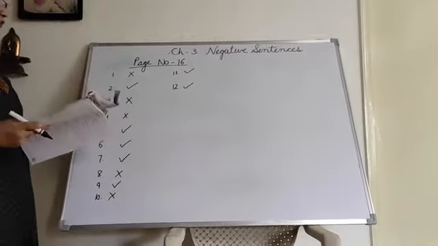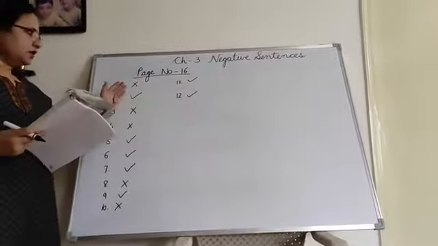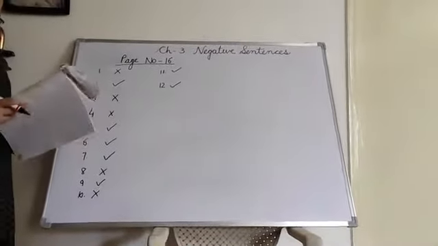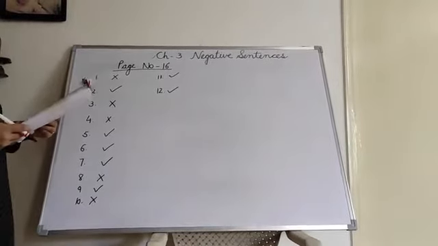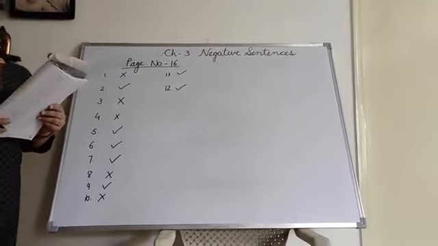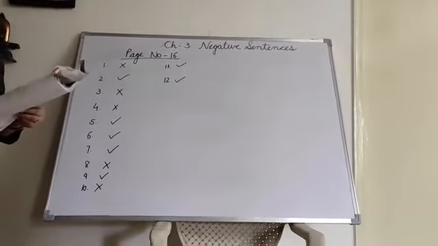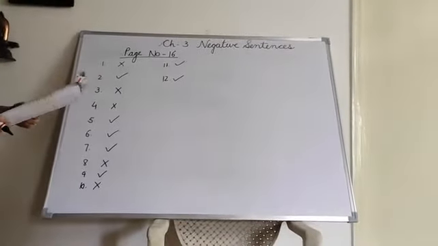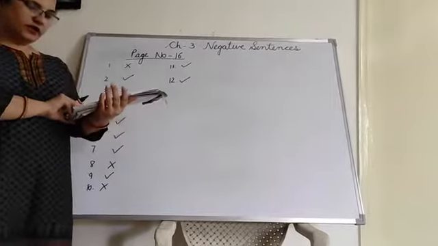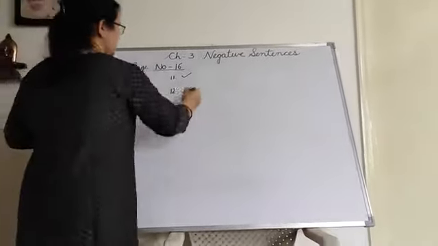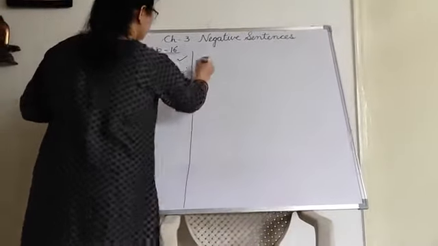So you have to put these tick marks in the boxes which is given in front of the sentence. Now next children, we will do next exercise, choose the correct option. So 4 options are given. This exercise is also on page number 16 and will continue on page number 17. So this is exercise A.